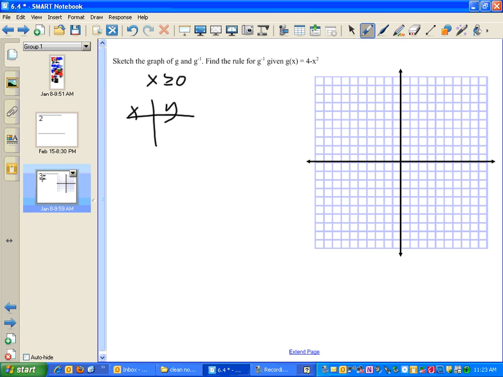You know that that's what that's going to look like because it's a parabola pointed down. And if I want greater than or equal to 0 for x, then I want this part of my graph. And now that passes both the vertical and the horizontal.